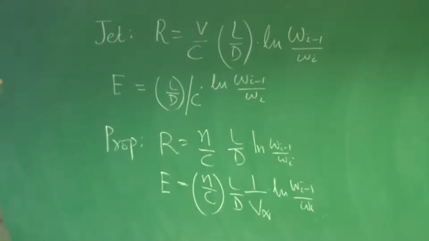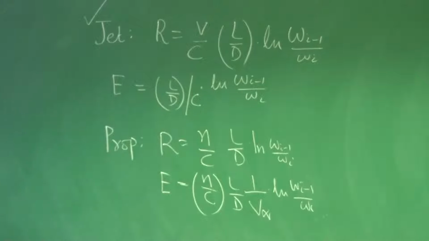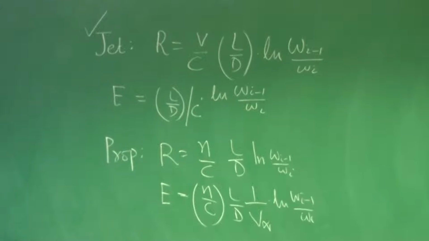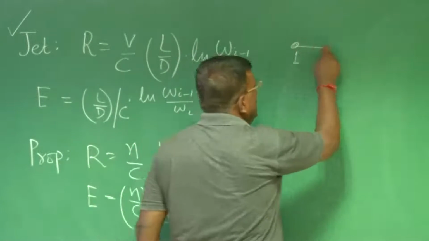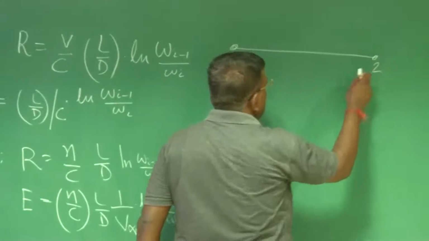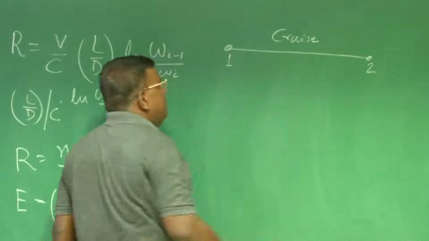And what we are looking for, let's say we are talking about a jet engine driven aircraft, and I am moving from point 1 to point 2, which is, let's say, cruise at a certain speed.